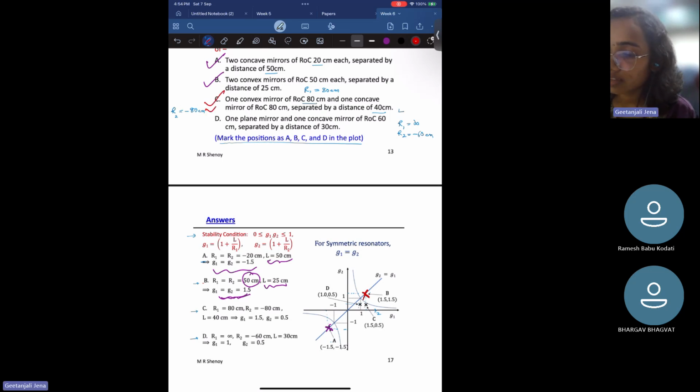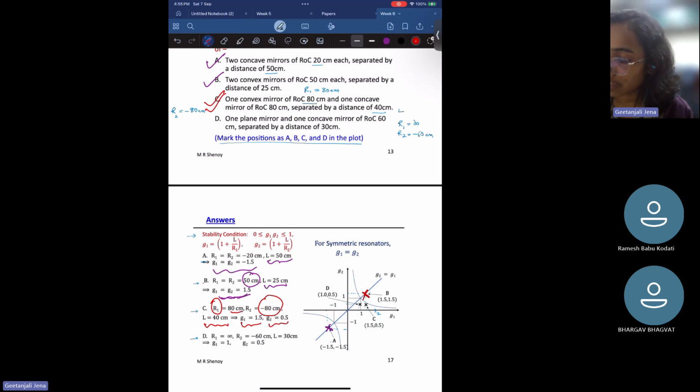In the third case, it is one convex mirror of ROC 80 centimeter and one concave mirror of ROC 80 centimeter separated by a distance of 40 centimeter. So we have one concave and one convex with the same radius of curvature. So R1, it's a convex, so it is positive 80 centimeter, and R2 is negative, minus 80 centimeter, and L is given as 40. So if you calculate it, we have G1 is 1.5 and G2 is 0.5.